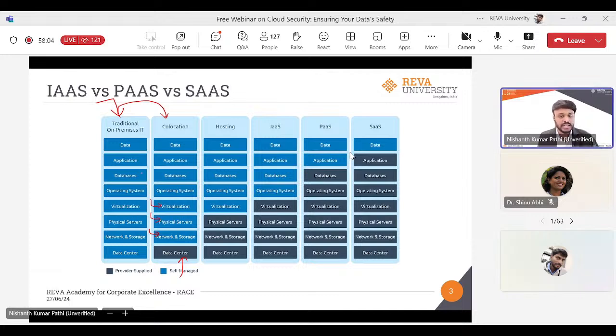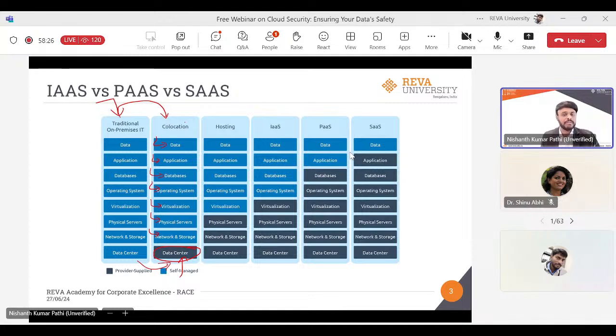They do their own virtualization. They install their operating systems, databases, application, and data management. So except the data center, everything is managed by us. That's a typical colocation model. Because the real estate cost is very high, you are saving a lot of cost on real estate and the maintenance of the physical infrastructure.